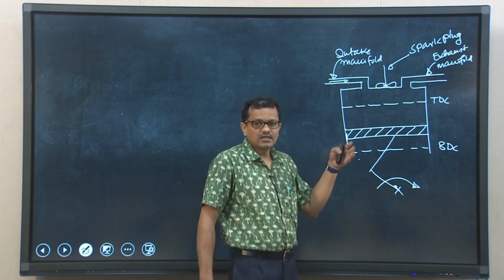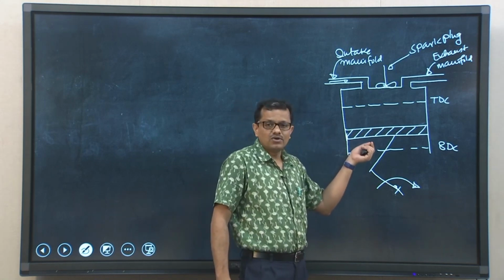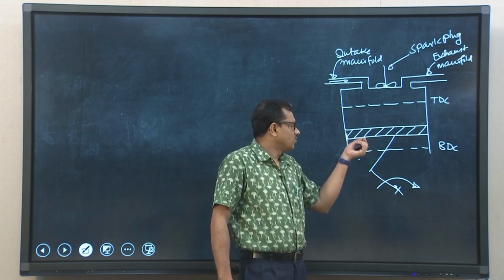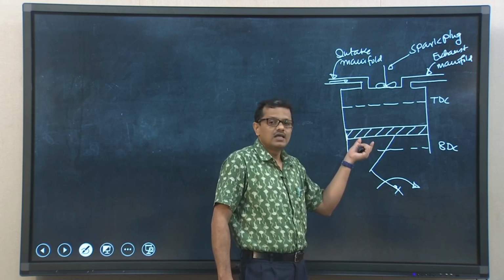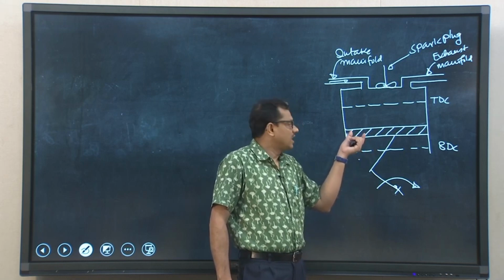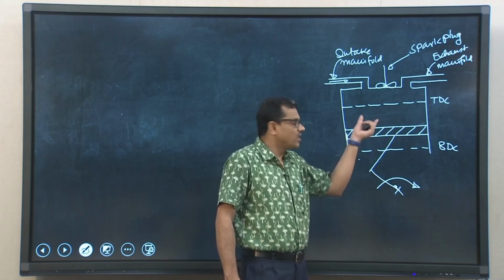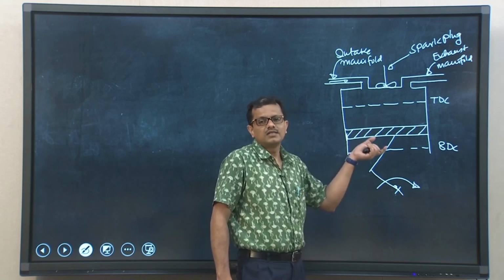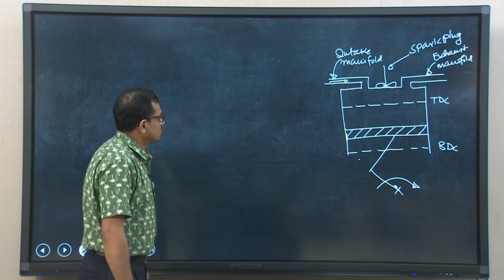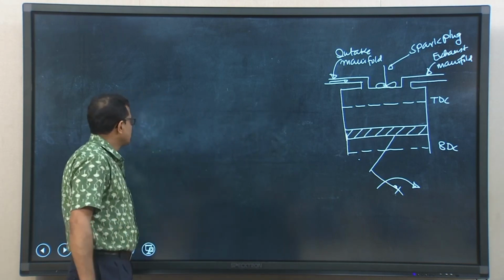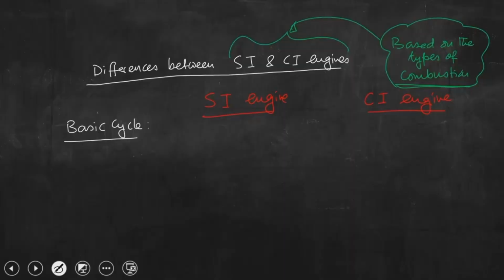In other words, we need a particular cycle which will map all the processes in different thermodynamic planes or ordinate diagram. So, the basic cycle for analyzing the performance of an SI engine is the Otto cycle. I am writing it over here.